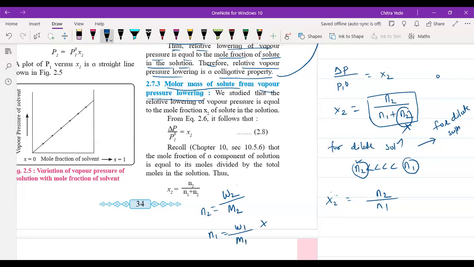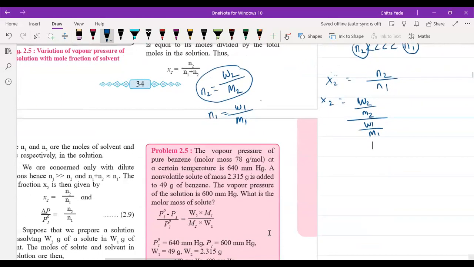So we can put those values in: X2 equals W2 divided by M2, divided by W1 divided by M1.